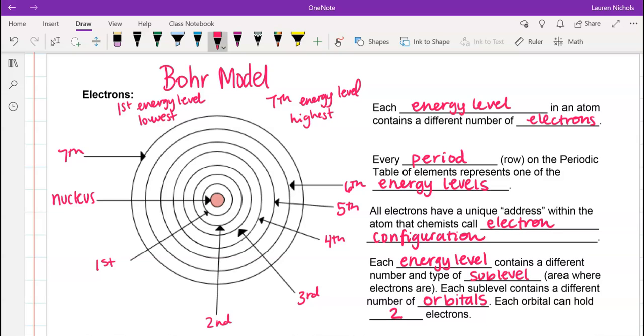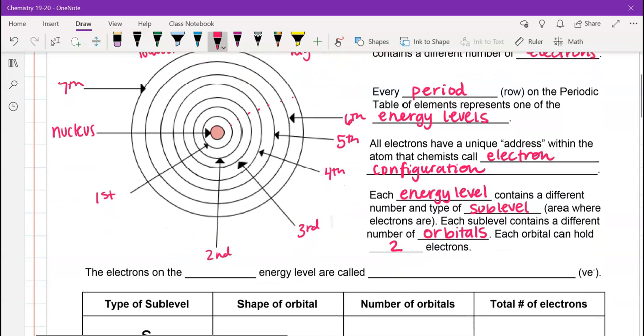In case you missed that, you have each of these 7 energy levels represented by the 7 rings, and in those energy levels there are sublevels, and inside the sublevels are orbitals, and each orbital has 2 electrons. It's kind of like those Russian dolls where they all fit inside of each other. That's kind of what's happening here.